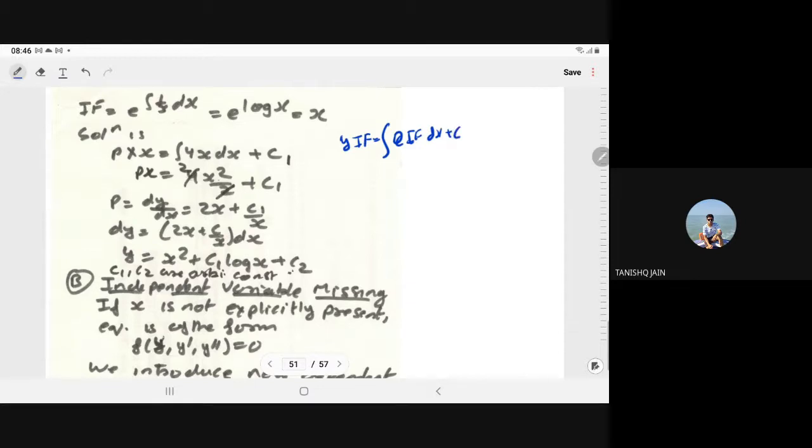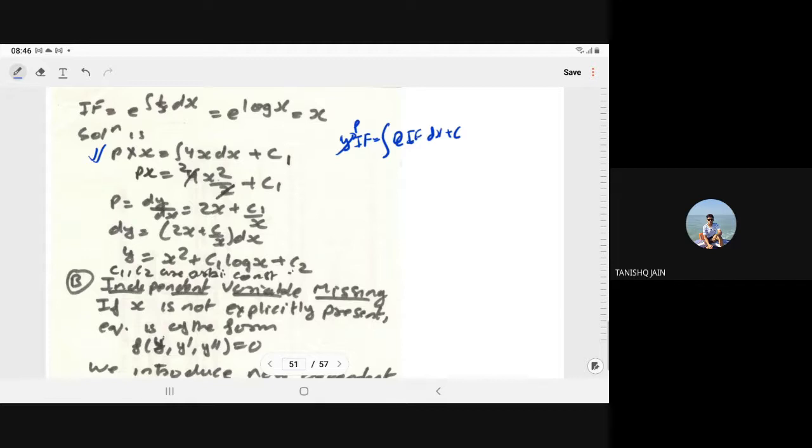Now instead of y in the equation, we have p. So here we write p into integrating factor, that is x, is equal to integral of Q, which is 4, into integrating factor x, dx plus c. Right? So it will become p x is equal to 4 into x square by 2. So 2 and 4 cancel out, and we have 2x square plus c1.